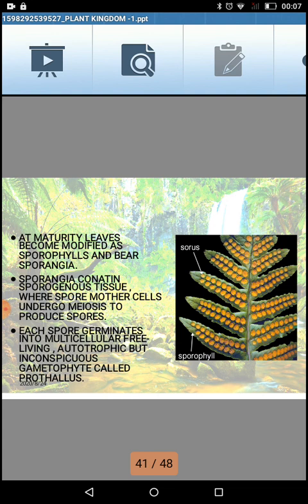So here also the spores which will be formed will be haploid in nature, and once those spores fall on the ground, they will lead to the formation of a prothallus, which is going to be very small and inconspicuous in nature. We are going to see the diagram of it in the coming slides. It is a type of gametophyte, and it is called the prothallus.